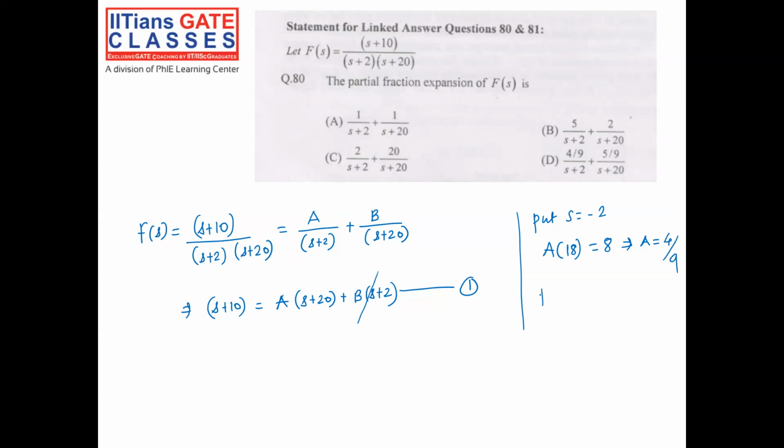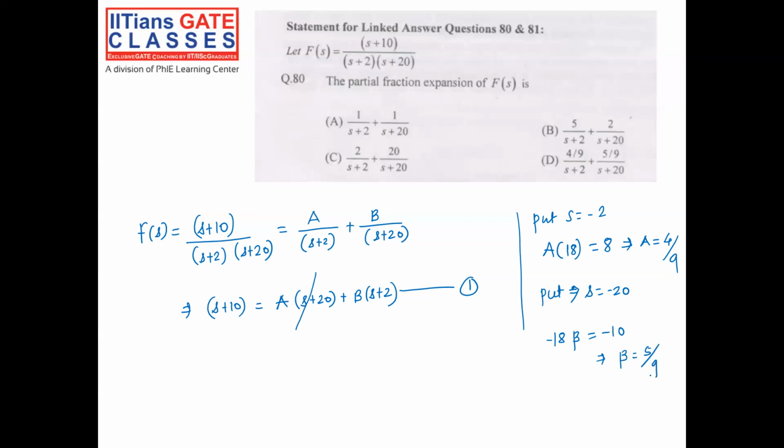Similarly, in equation number 1, if you put s is equal to minus 20, the first term will become 0, and we will end up with minus 18B equal to minus 10. If you solve it, we end up with B is equal to 5 by 9.